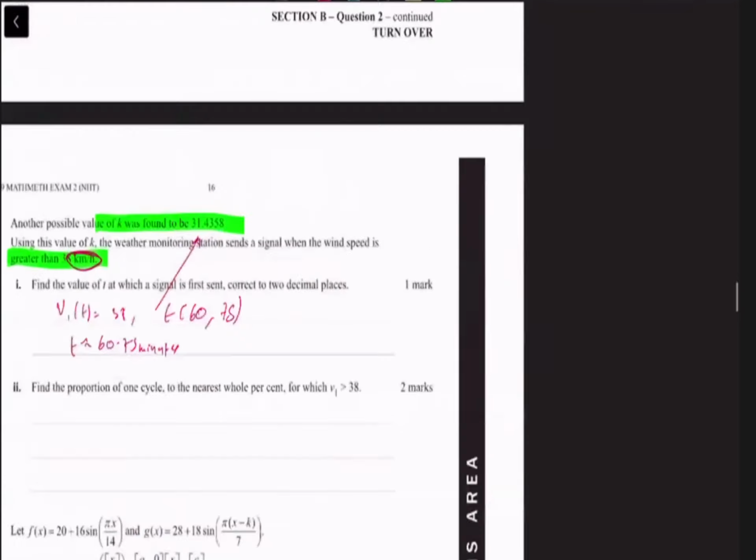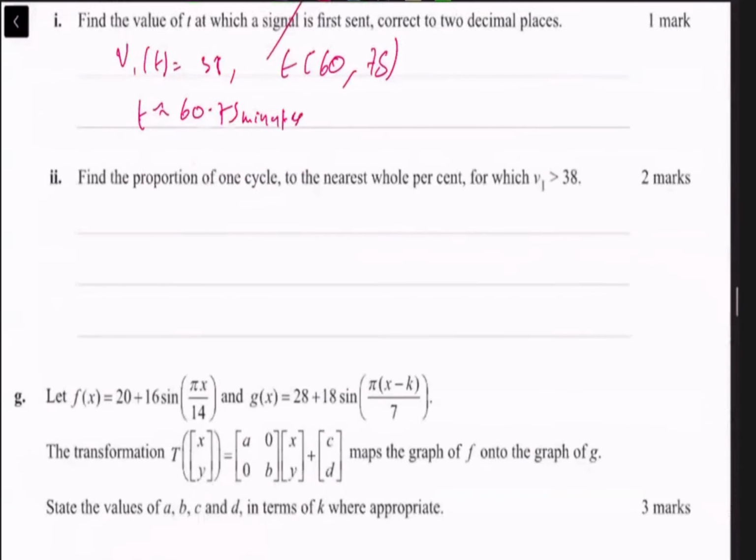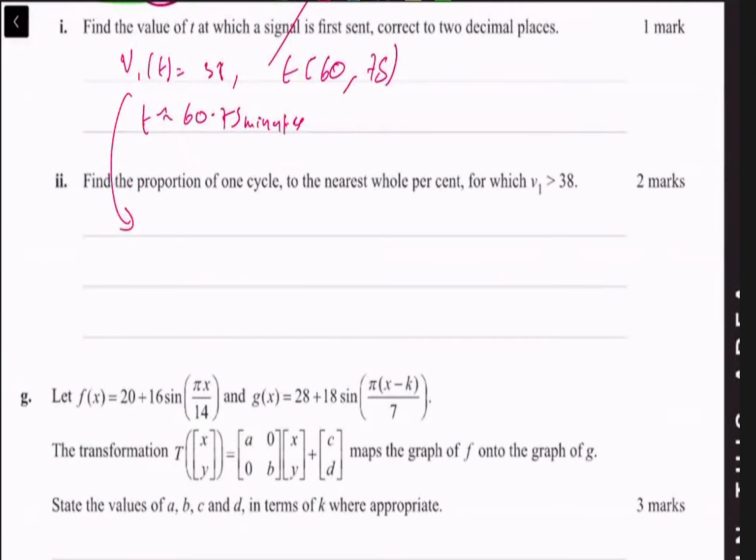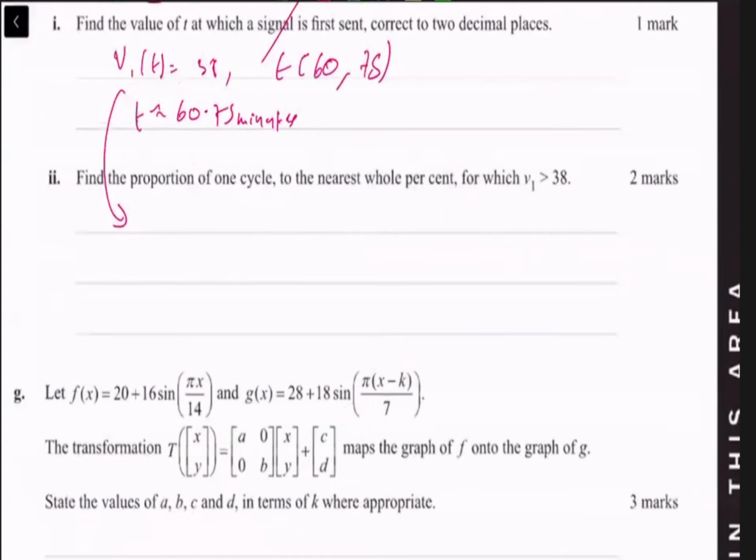To find the time for which it's greater than 38, just do the same thing here, except you're going to want to find the second solution as well. If you do that, the second solution will be like 65.1233.